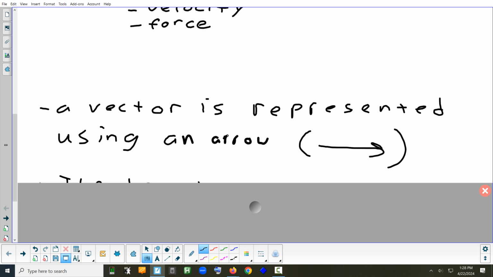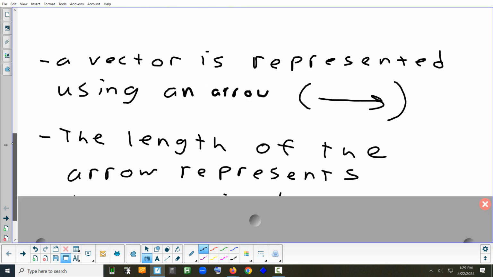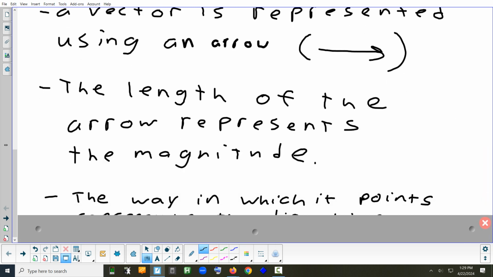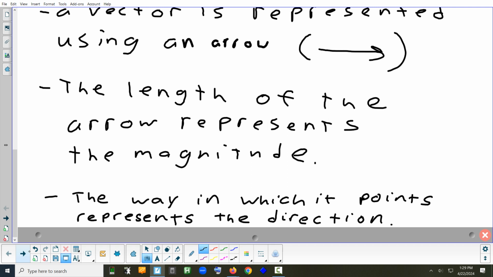So the direction that the arrow points, that's the direction that your object is traveling or that you're pushing or pulling. But how do you think you would represent magnitude with an arrow? How long the arrow is. So the length of the arrow represents the magnitude, and the way that it points is the direction.